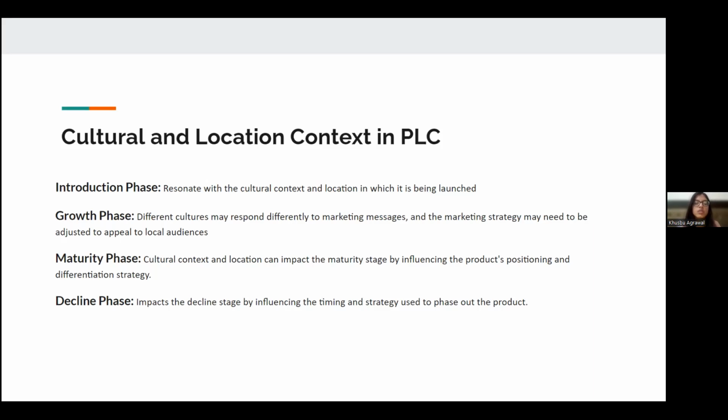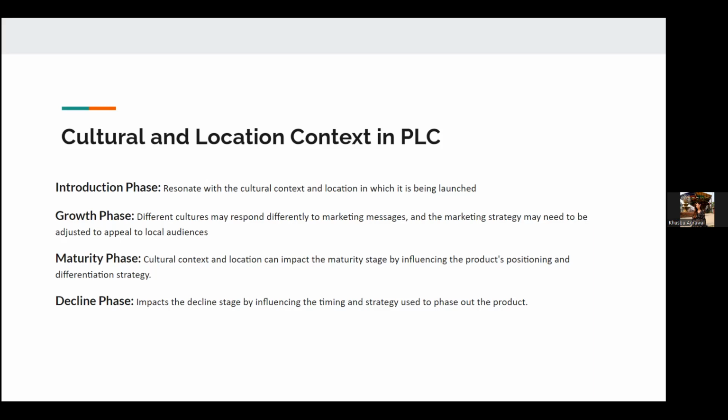So the company needs to develop a phasing out strategy that takes into account the local cultural context, timing of the withdrawal, and how to communicate the decision to customers in a culturally appropriate manner.